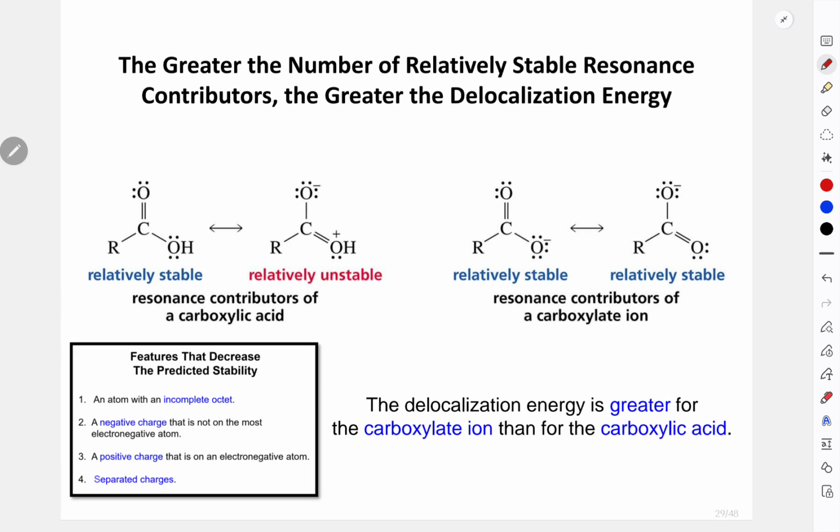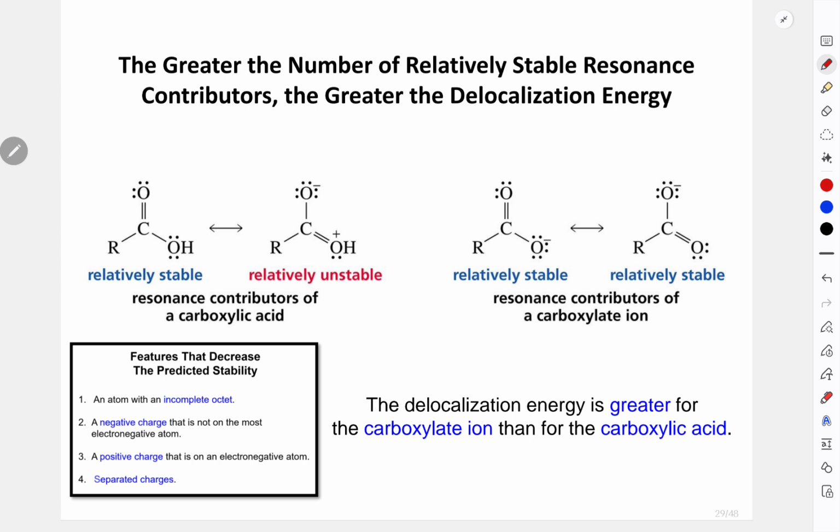Okay, so this is the definition of the delocalization energy, and then you can think of the energy standpoint. You can compare the stability of the resonance hybrid and also the resonance contributors. So this is a rule to sum up the stability of a given resonance hybrid and resonance contributors.